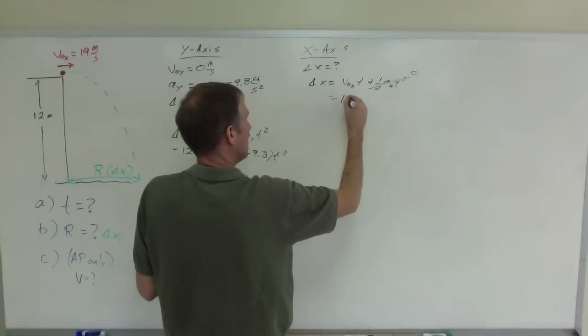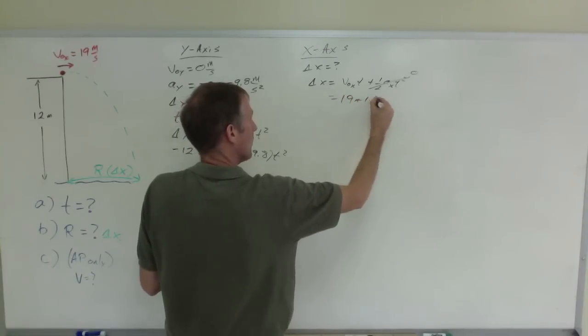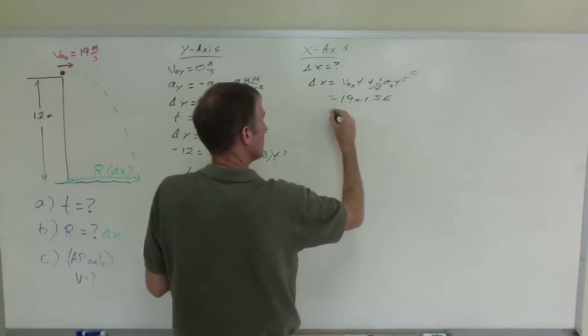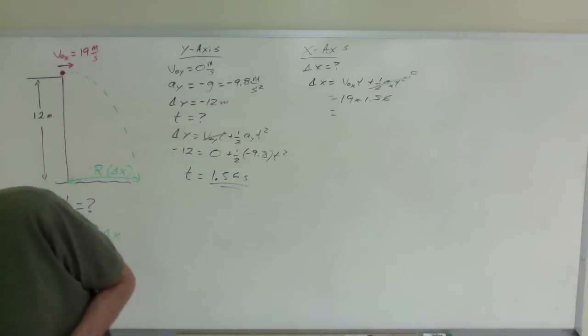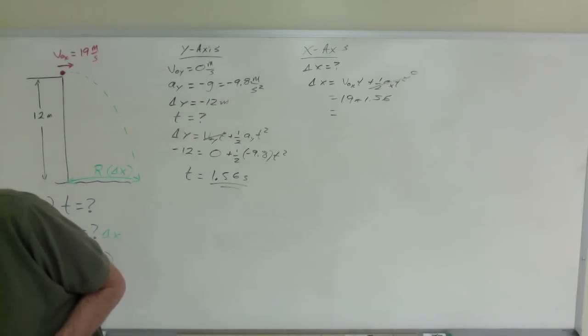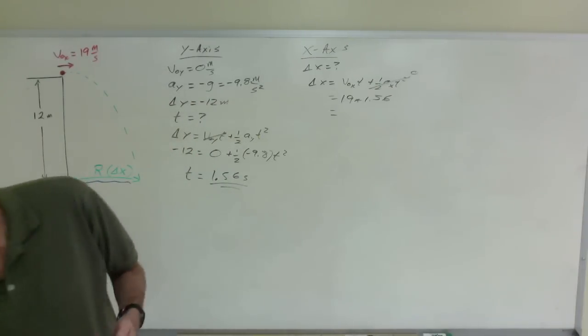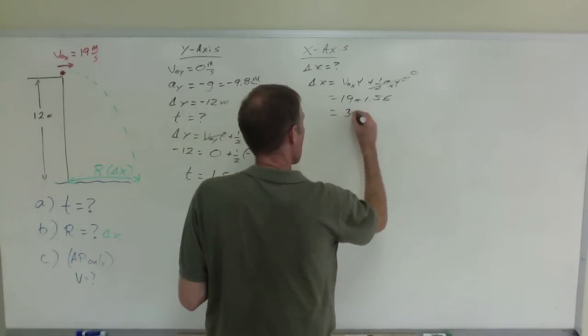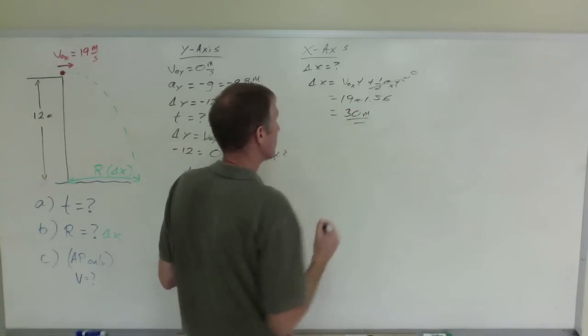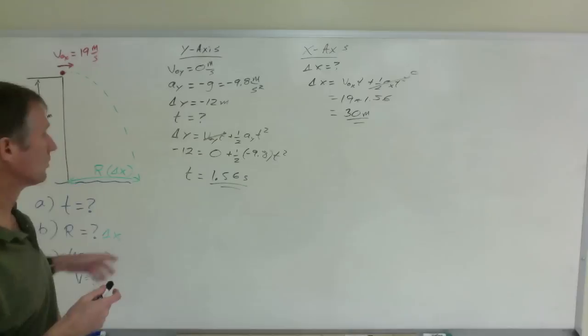So this equals 19 times 1.56, which equals 30 meters, as a matter of fact. So that's the answer to part B.